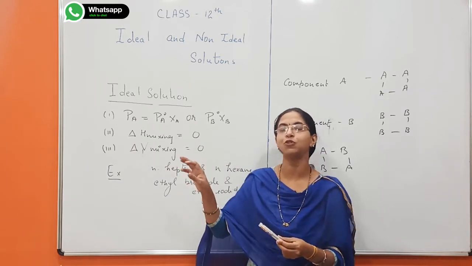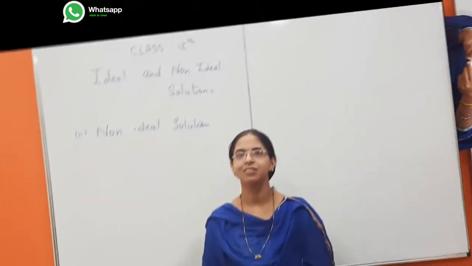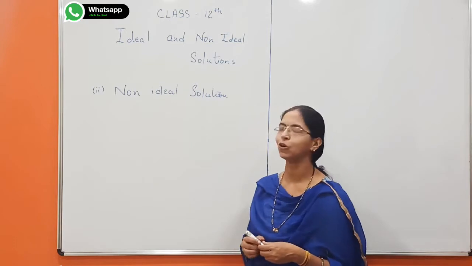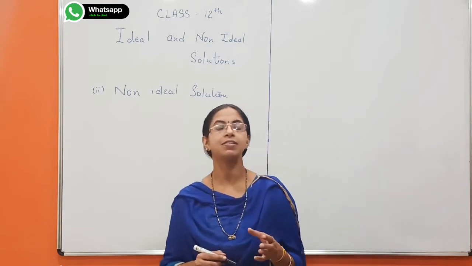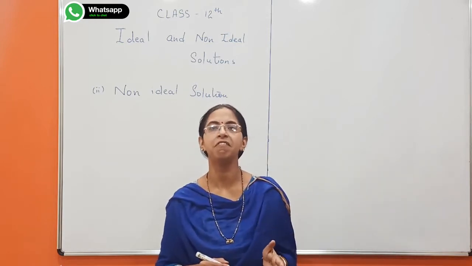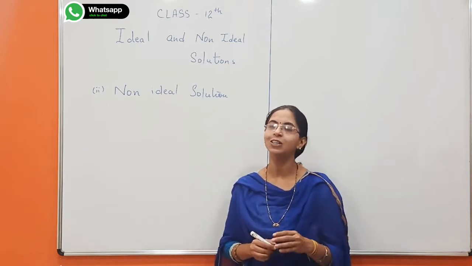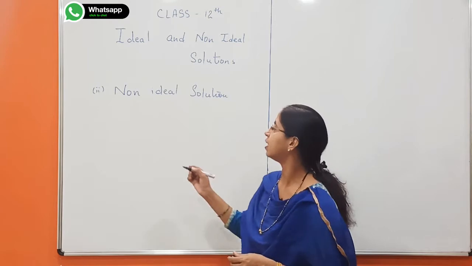Now we will move to the next topic, that is non-ideal solution. The second type of solution is the non-ideal solution. As the name suggests, they are not behaving like an ideal solution. So again there will be three conditions here.